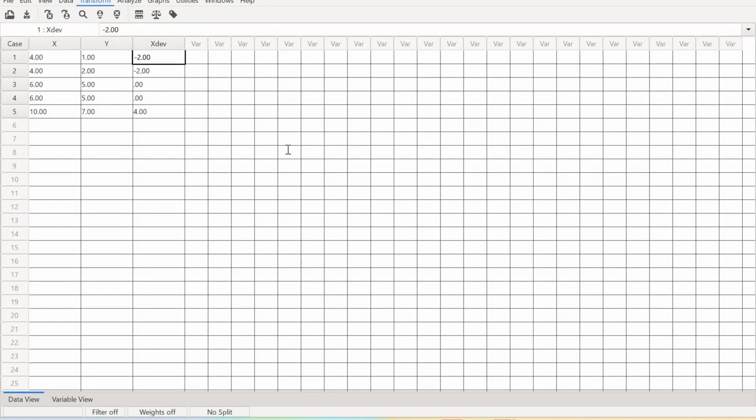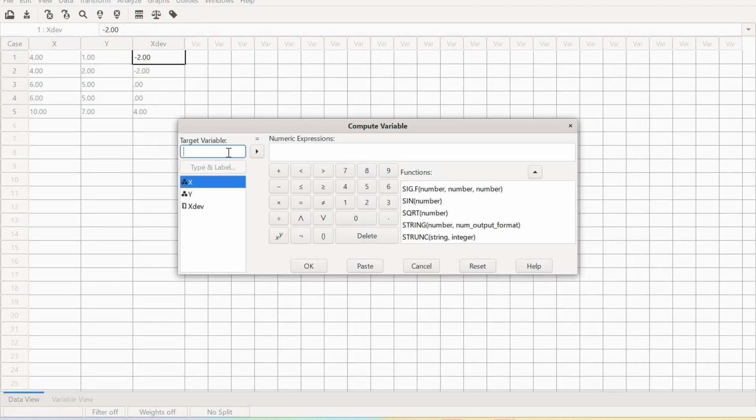Okay, well, I'm going to get z-score directly. Get a z-score for x, zx. The z-score is how many standard deviations each score is away from the mean.